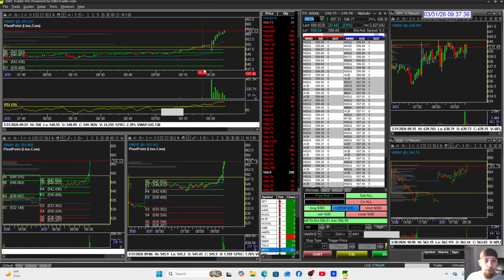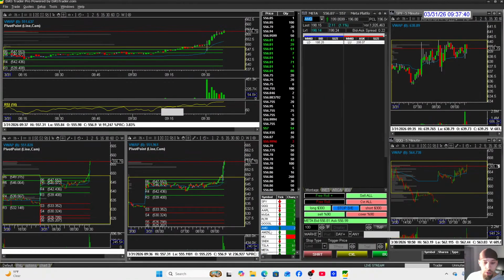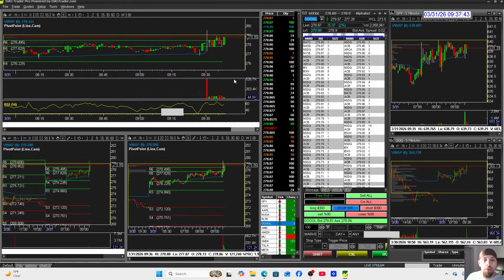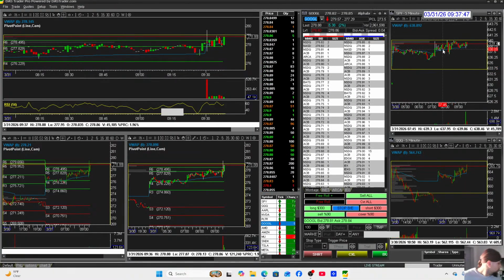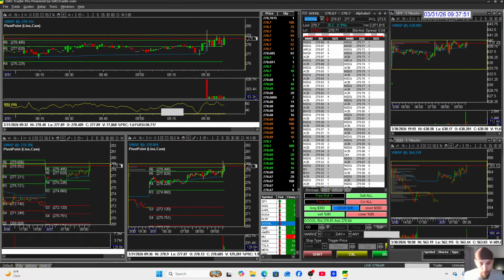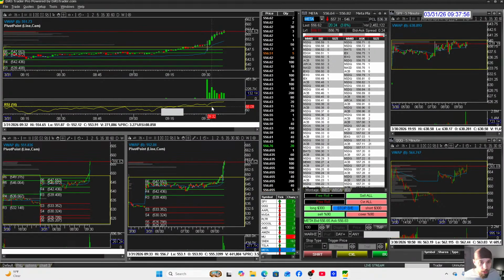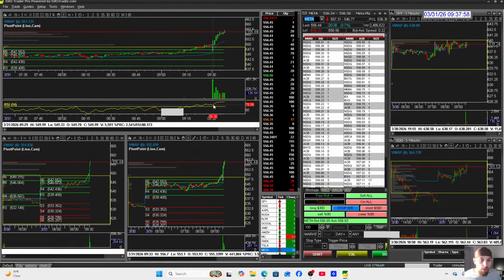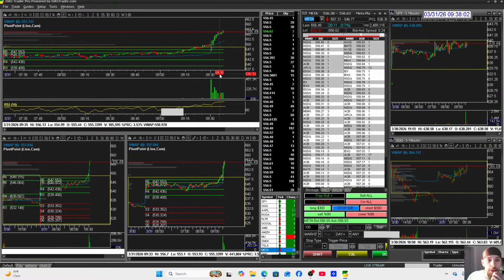Meta broke out long here, you can see, held R6 nicely and shot up nicely. Let's go back to Google here. If we look at Meta here, it's way overbought on 1 minute market conditions.